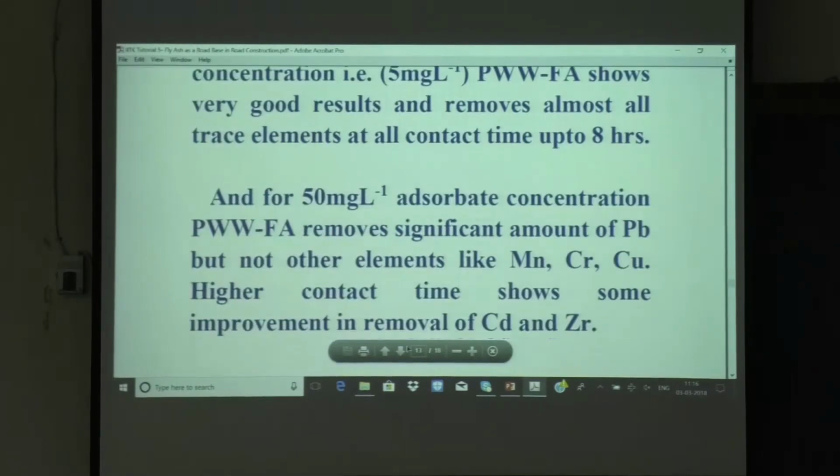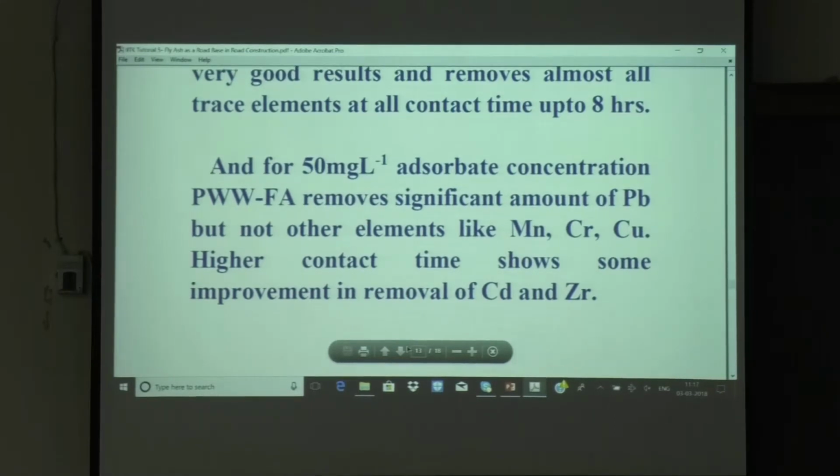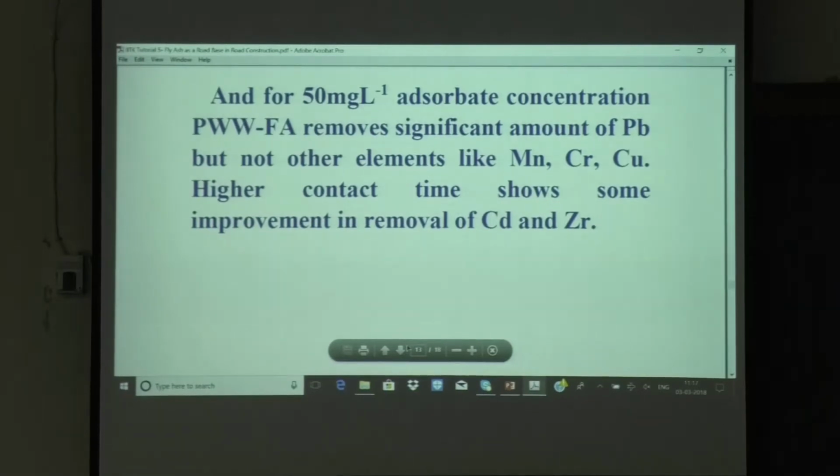Whereas, if you have 50 milligram per liter adsorbate concentration, PWW fly ash removes a significant amount of lead, but not other elements like magnesium, chromium, or copper. So our contact time should show some improvement to removal of cadmium and zirconium.